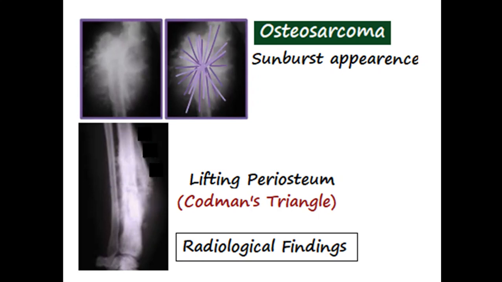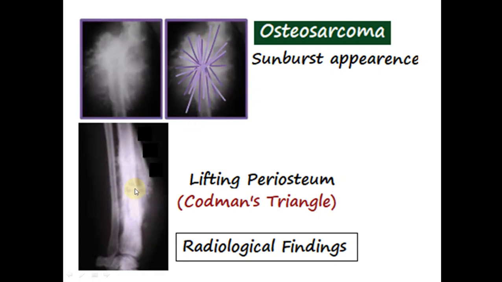Radiologically, the osteosarcoma gives the appearance of the sunburst. And here we can see that the tumor is streaked out like the sun rays. And this sunburst radiological appearance is very specific for the osteosarcoma.